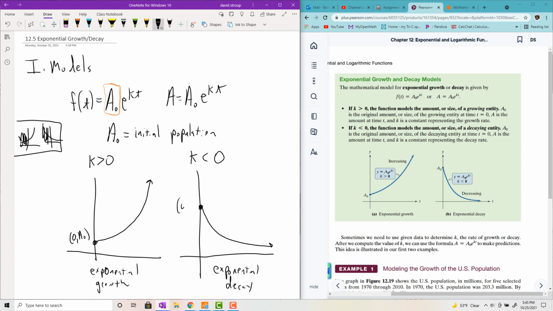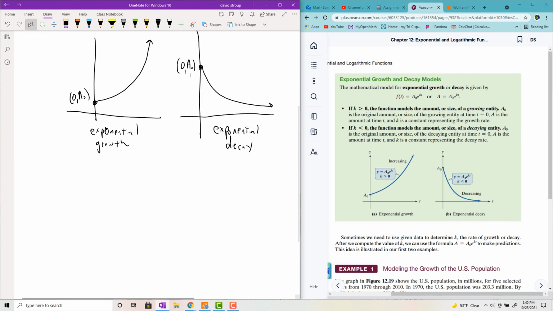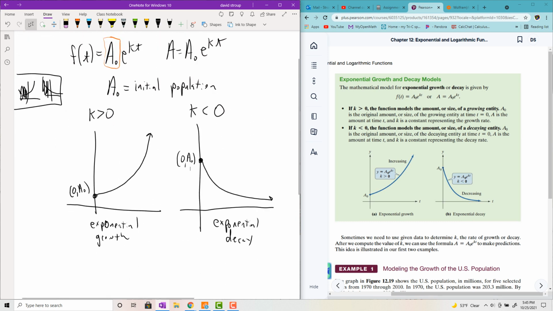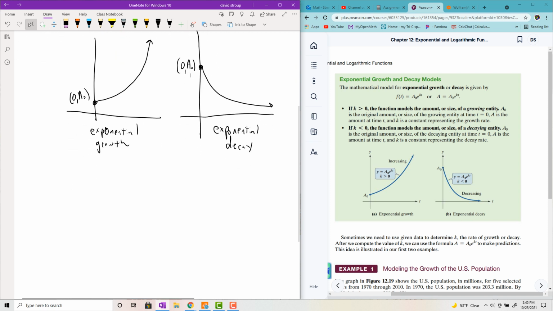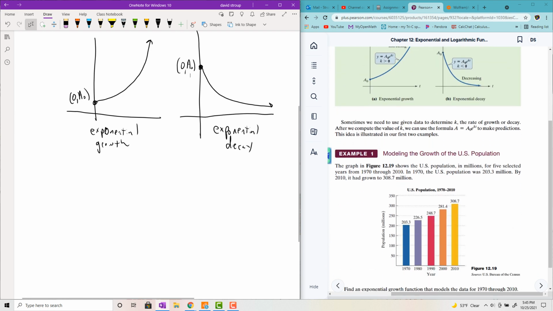So there's exponential growth, and you use that to model population growth or bacteria growth. Exponential decay you mainly use for radioactive stuff, and we'll see the carbon dating thing, I'm sure.